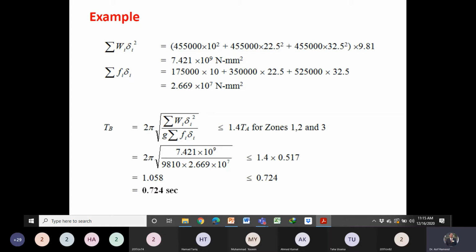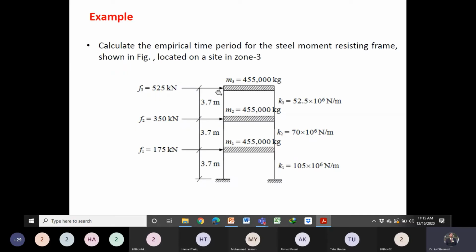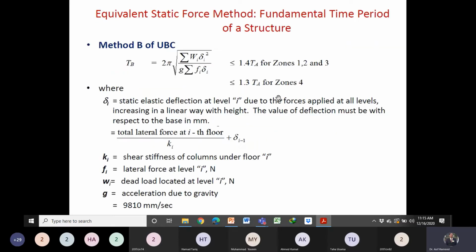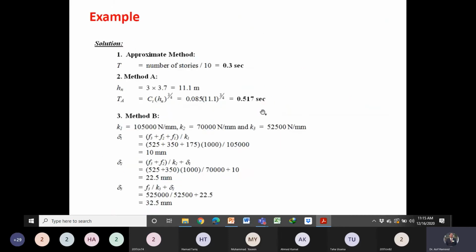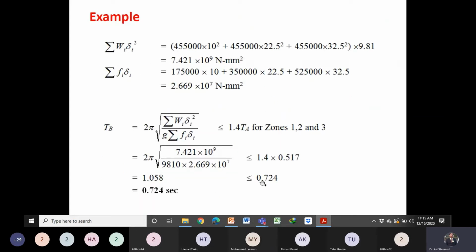This building is in seismic zone 3. For seismic zone 3, the time period calculated by method B should be less than 1.4 times the time period calculated by method A, for seismic zones 1, 2, and 3. So apply this check: 1.4 times the time period calculated by method A. The value is 0.724.